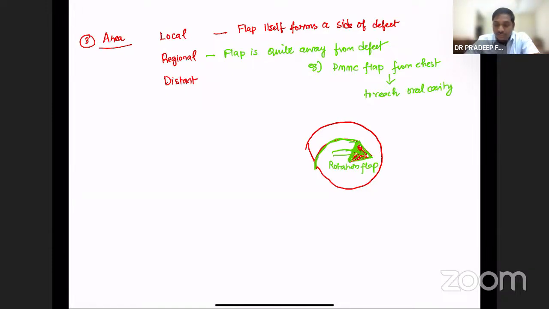So this is called a regional flap. Or you use a latissimus dorsi flap from the back to cover the breast, LD flap for breast reconstruction, from the back towards the chest. These are called regional flaps. And distant flaps are nothing but a microvascular free flap.